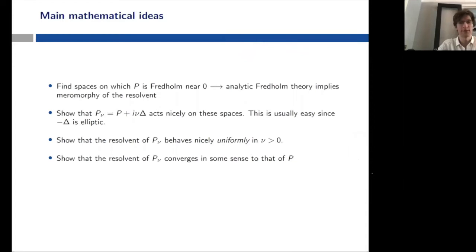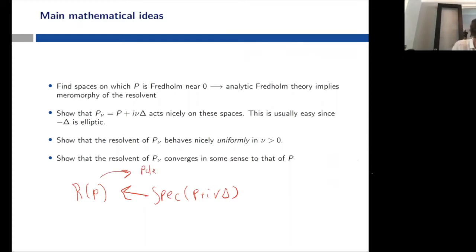Okay, so what are these R of P then, right? Remember we had the set R of P where the spectrum of P plus I nu Laplacian goes to R of P. Well, these guys are nothing but the poles of P minus omega inverse on my nu spaces.